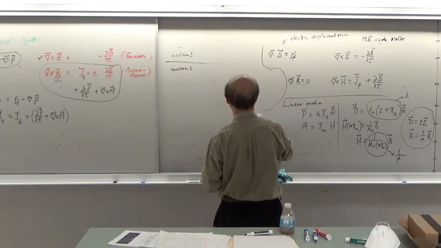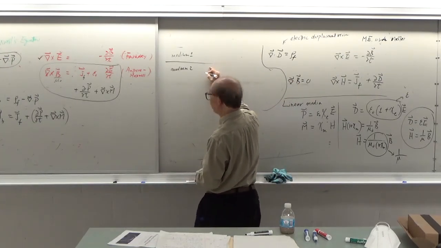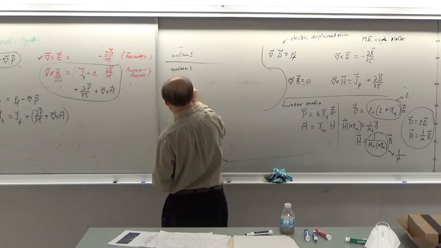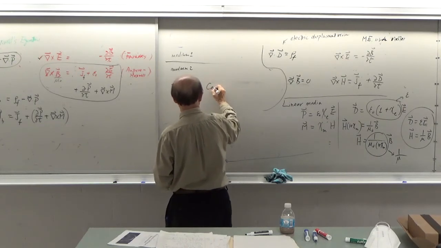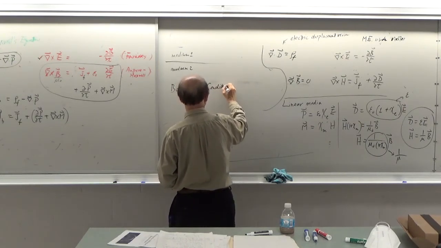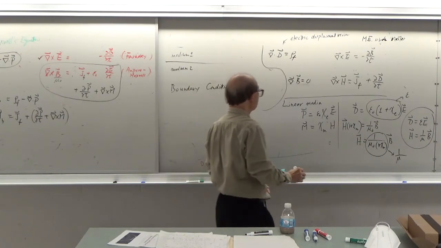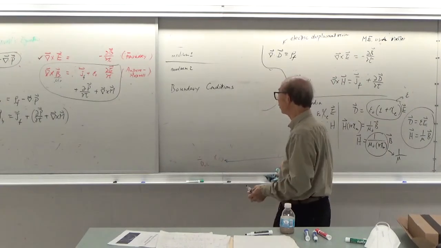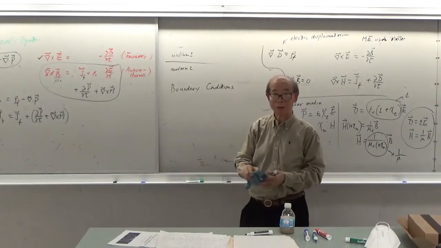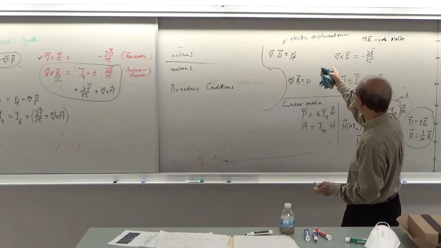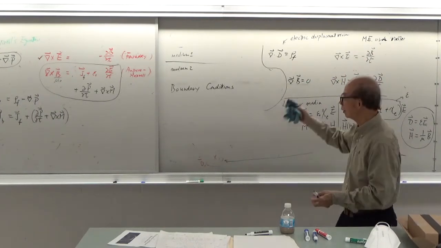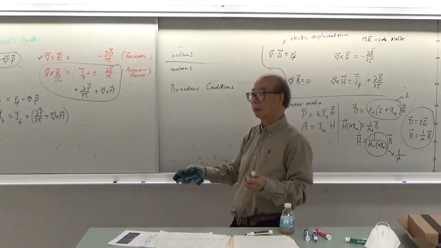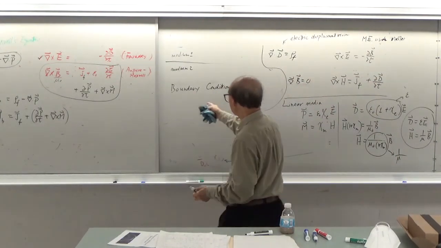And we would like to find out the boundary conditions across this surface. Well, by now, I hope you're familiar with the derivation of boundary conditions. Once you have Maxwell's equations, or the static case, you learned from the study of magnetostatics and electrostatics how to derive those boundary conditions.